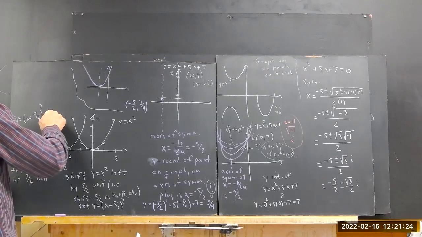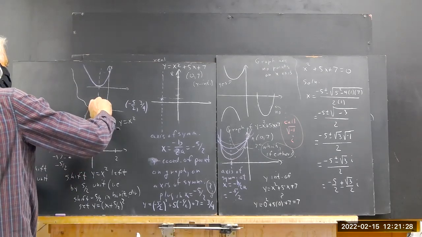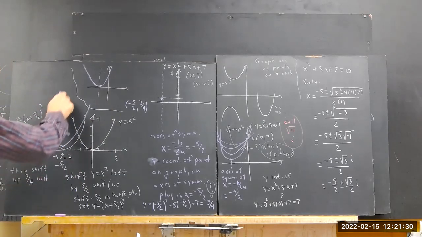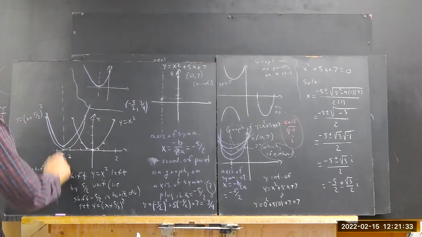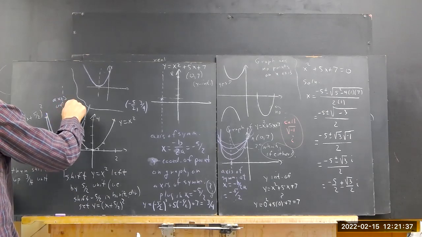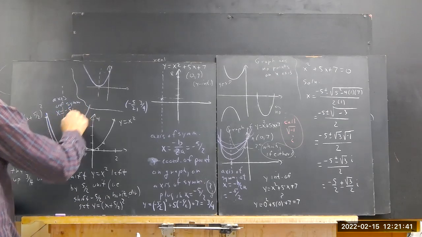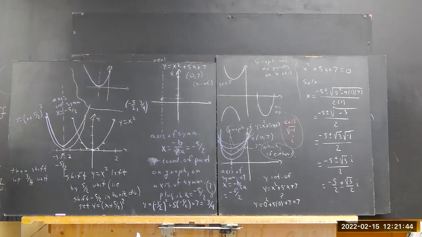And you're going to get a parabola. It looks like this. It's going to have an axis of symmetry x equals -5/2.